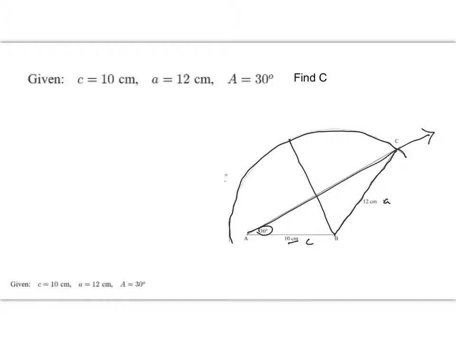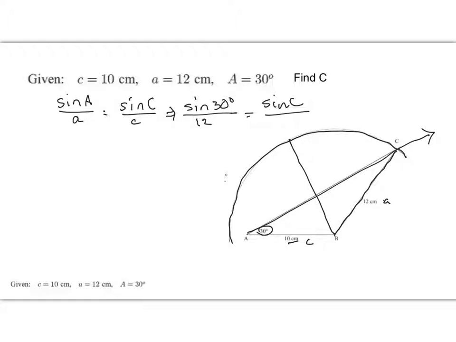Okay, so let's see what happens this time. I'm going to use sine of A over side A equals sine of C over side C. And filling in my values, I know that sine of A is 30, and side A is 12 centimeters, and that's going to equal the sine of C over 10.